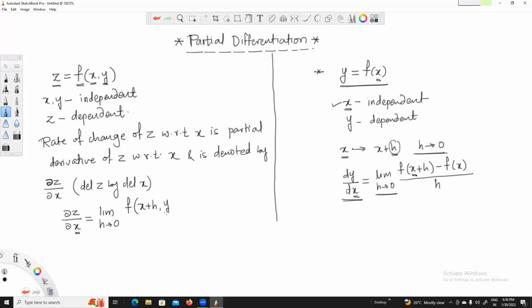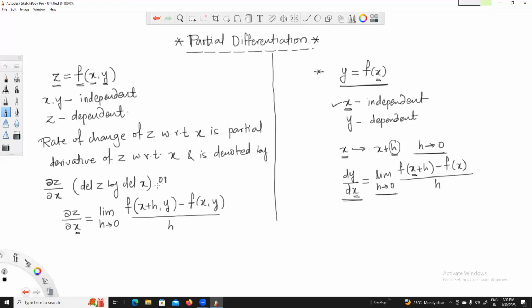This is very important. As I am finding the rate of change of z with respect to x, I'm going to perturb only x values and not y values. So I'm going to keep the y values constant, minus f of x comma y divided by the perturbation in x, which is h. And this h is tending to 0.